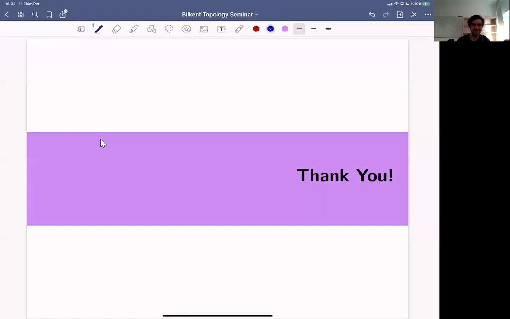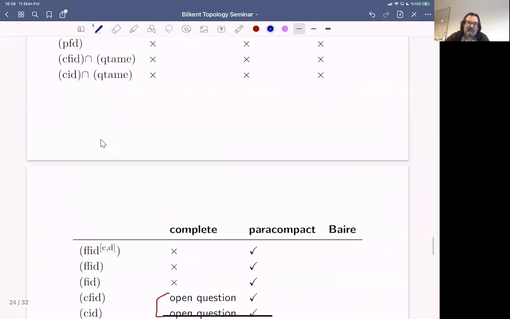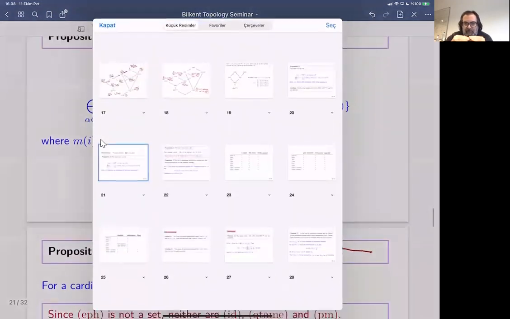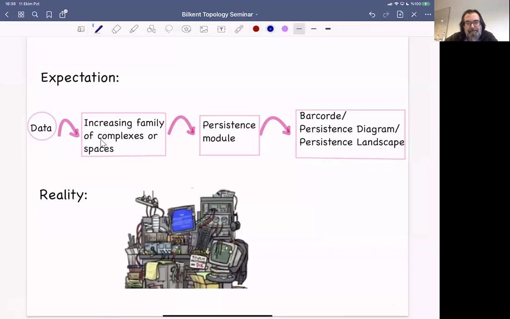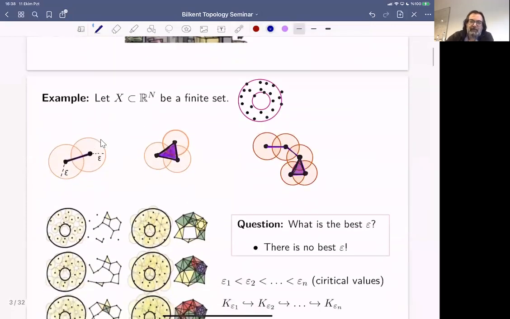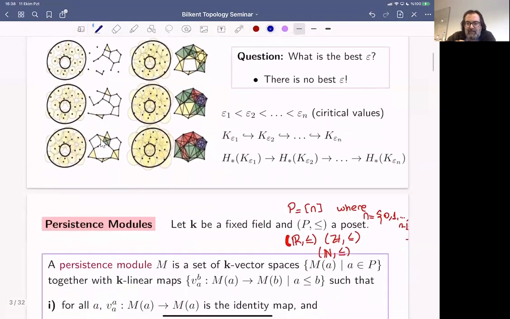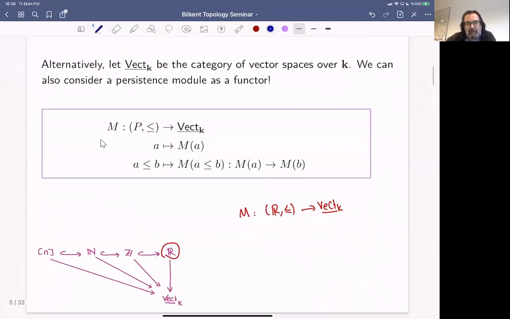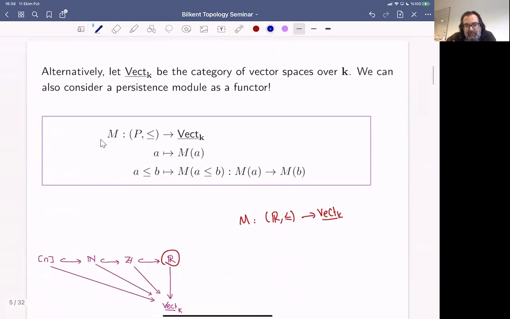Any questions for Tane? I have a few questions actually. Starting with the data, you have these persistence modules, and I guess for this work, we focus on the poset being the real line. So these modules, you don't know which category they come from, or do you generally have a feeling that it will be in one of those? Then in that category you have a topology, as I understand.